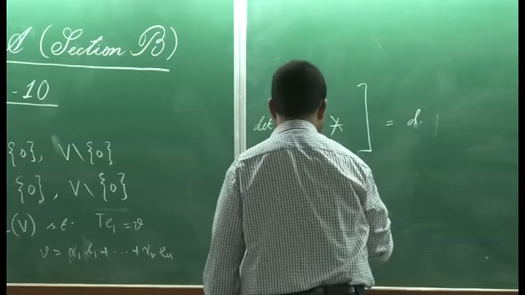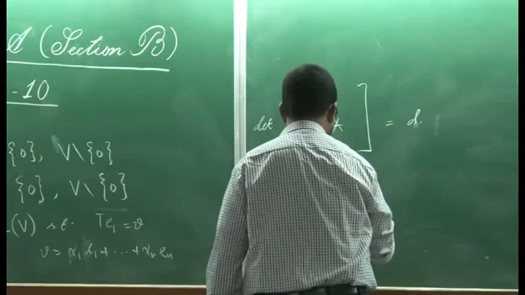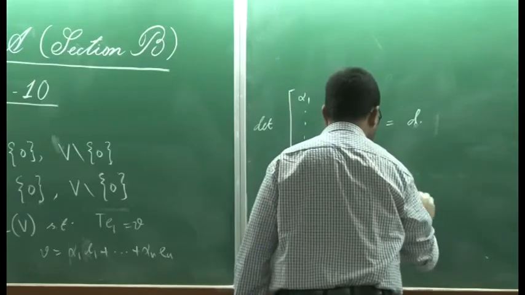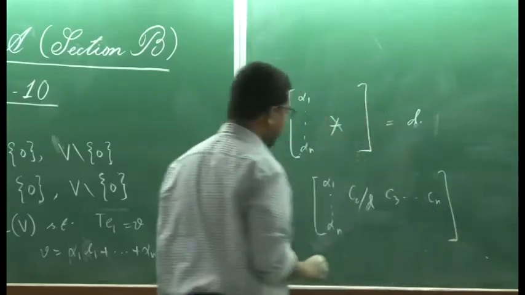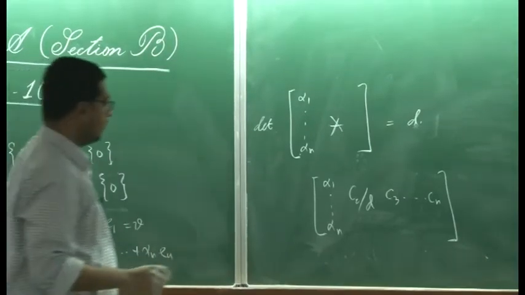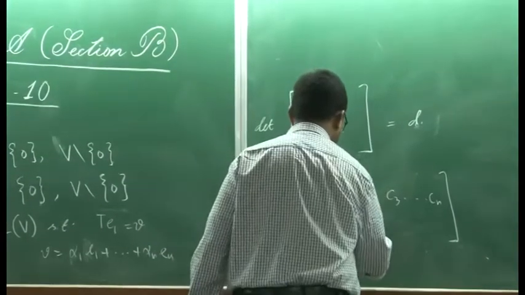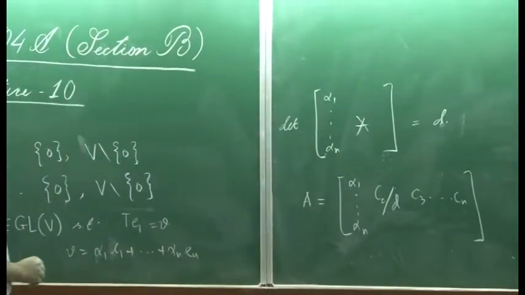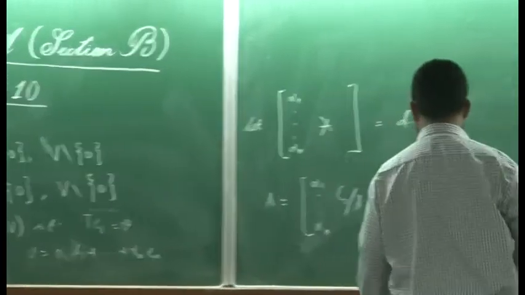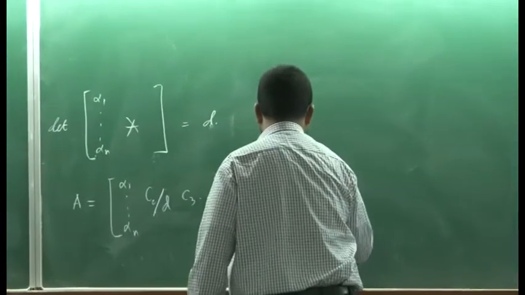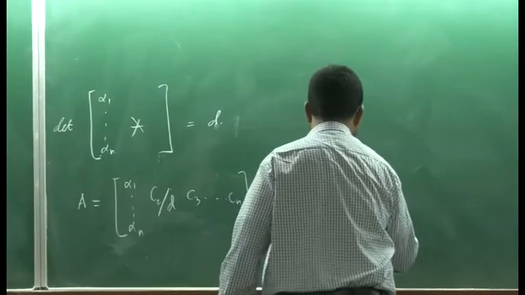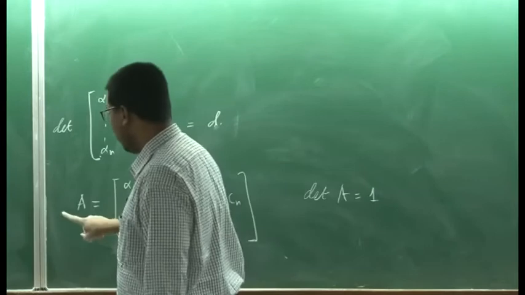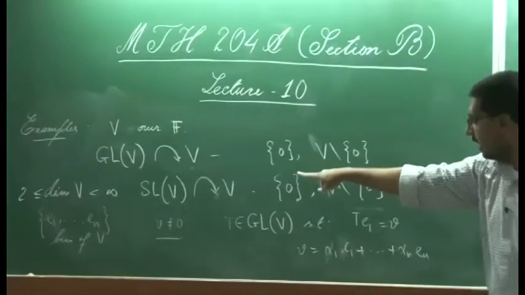Consider this invertible matrix where the second column we have divided, so C2 by D, and let the other columns be as usual. Call this matrix A. So certainly A has determinant 1.